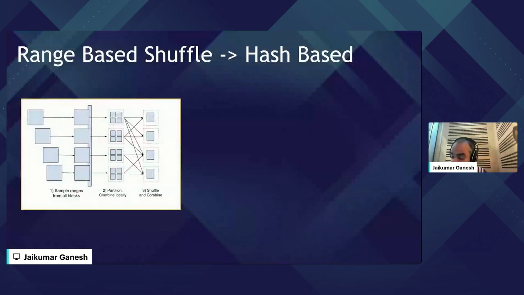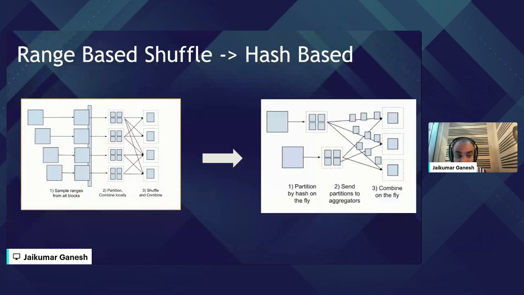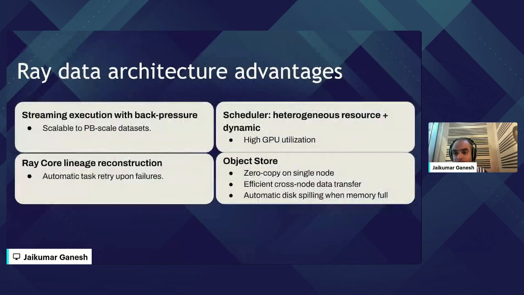So this design allows us to start shuffling part of the operation immediately as the first input block arrives, instead of deferring it until the whole data set is materialized. Check out our Ray Data blog. We actually wrote a detailed blog about this, and we just introduced joins yesterday, which is based on the hash-based shuffle.